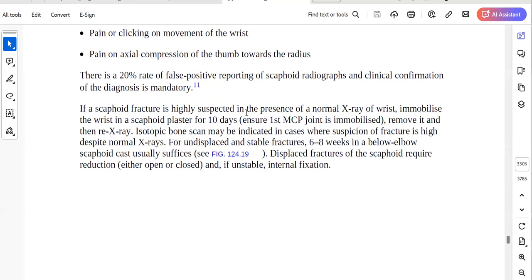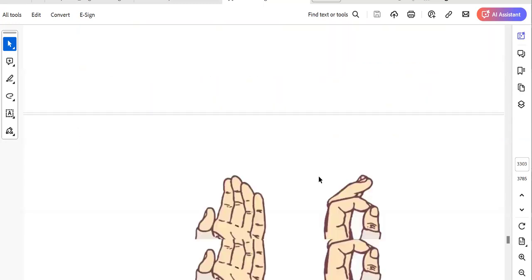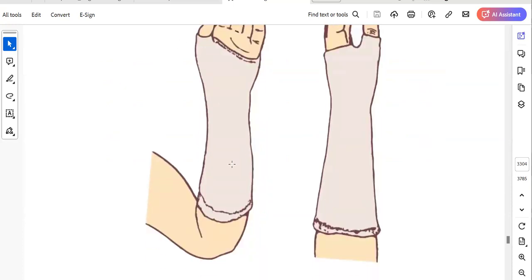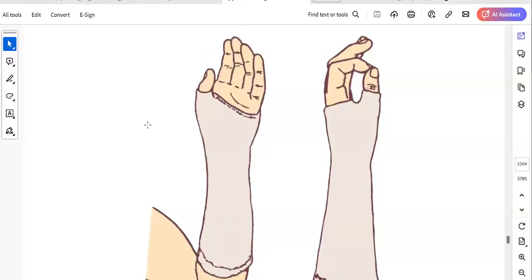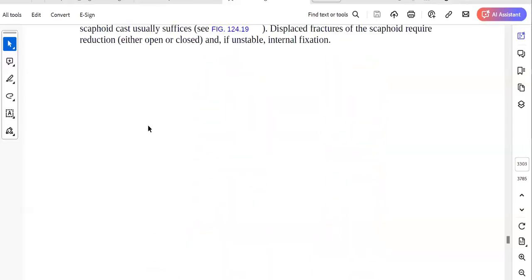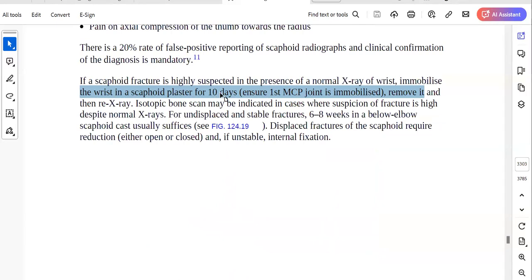So if a scaphoid fracture is highly suspected in the presence of a normal X-ray, you would immobilize the wrist in a scaphoid plaster for 10 days. This is a scaphoid plaster. It's also a below elbow plaster, but it will involve the thumb up to the palmar crease or up to the knuckle. After 10 days, you will remove the cast and do a repeat X-ray.